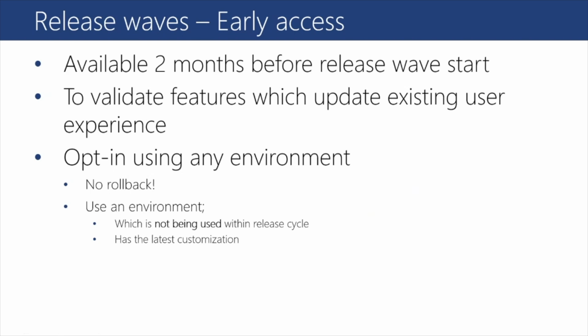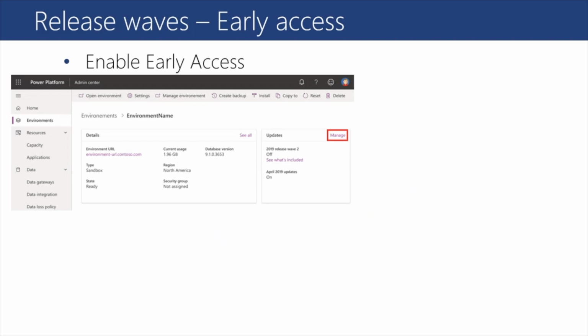Okay, and it should also have your latest customization so you can have efficient testing in place. And by the way, you can have this kind of instance by creating a new instance and performing a minimal copy of your production. And then you can enable early access on this particular instance.